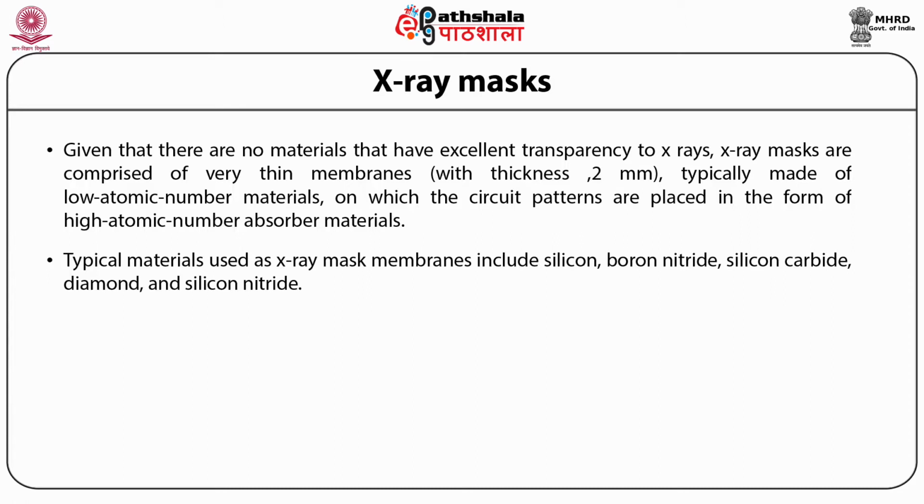So, a high percentage of the X-ray passes through the low atomic number material but is absorbed or scattered by the high atomic number materials, thus generating a contrast for the pattern.